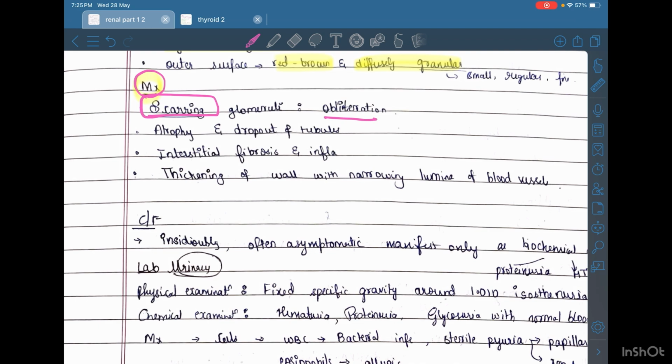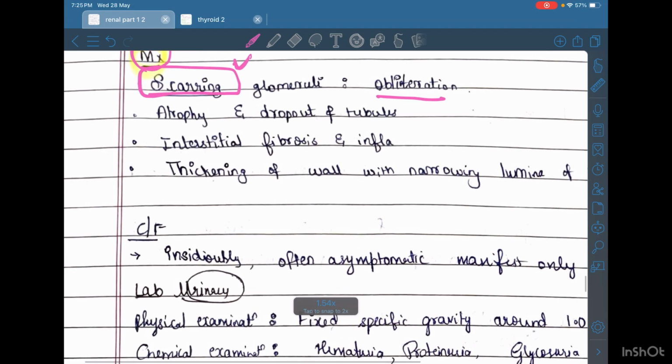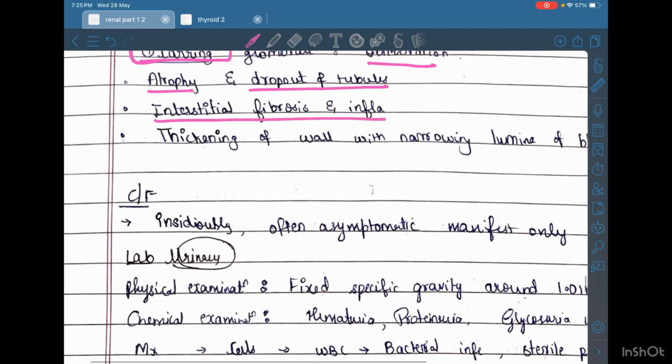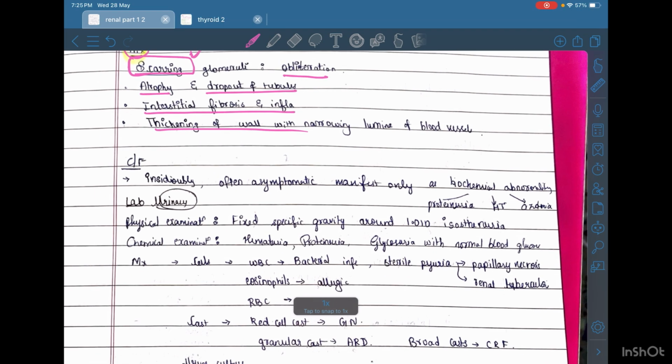The obliteration of glomeruli is the end point of many diseases, and it is not possible to determine the nature of the original lesions. Then there will be atrophy and dropout of the tubules, then interstitial fibrosis and inflammation, then thickening of the walls of blood vessels with a narrowing lumen.